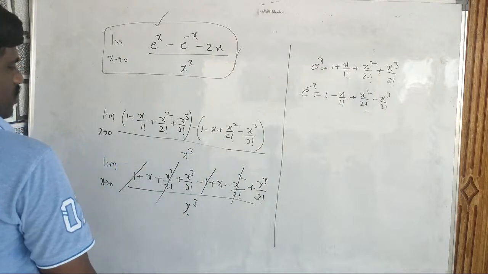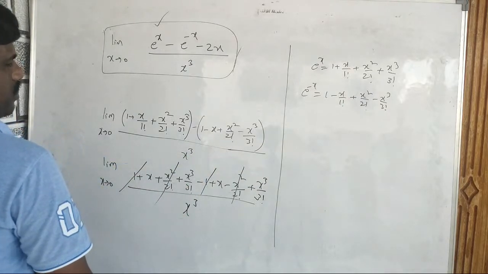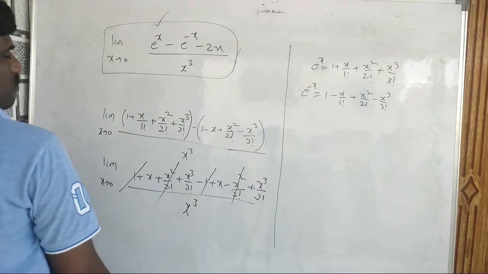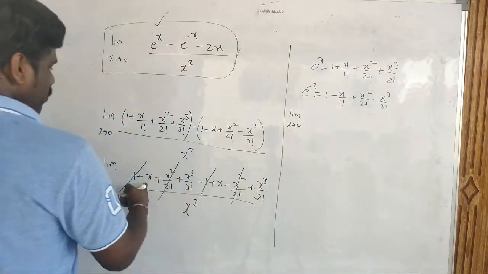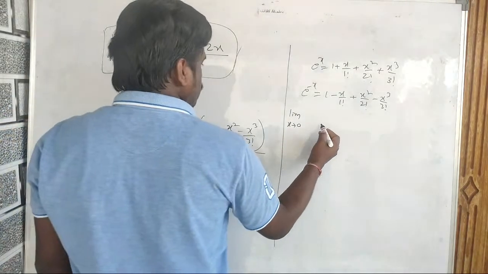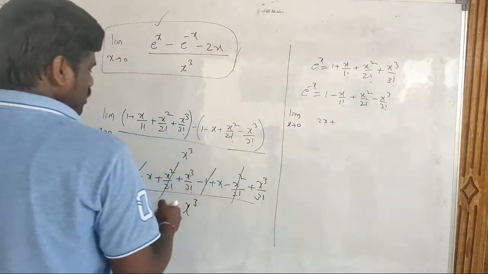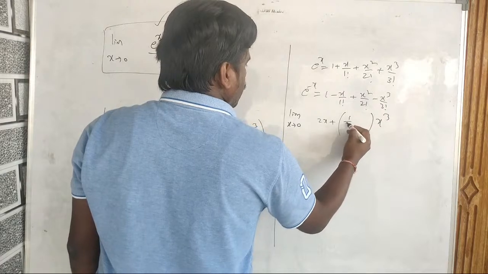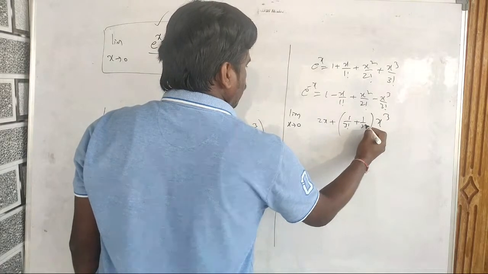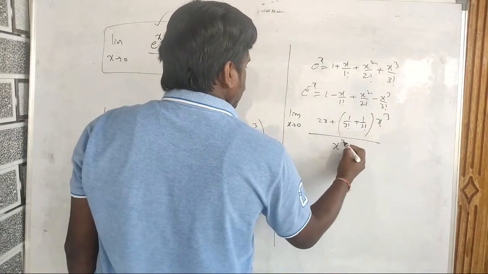So what I get here, limit x tending to 0, is x plus x is 2x, plus x cube, if I take common, 1 by 3 factorial plus 1 by 3 factorial, divided by x cube.